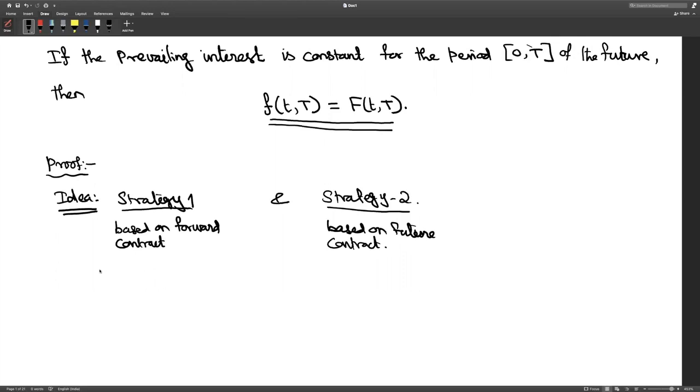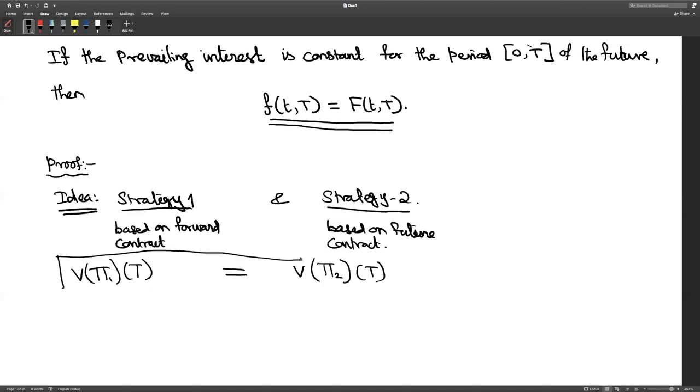That is, say we have a portfolio P1 here and a portfolio P2 here you have constructed, then the value of the portfolio at time T and similarly the value of the portfolio at time T here, they both are equal.